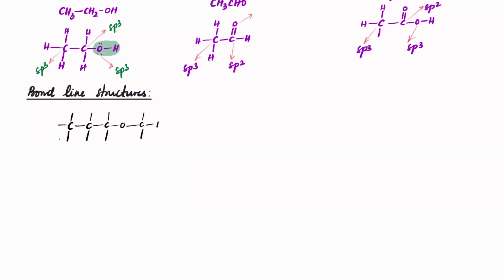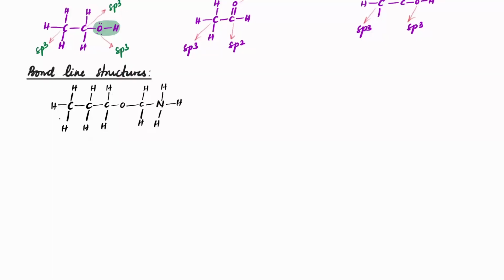Then we have nitrogen here, like this, and the rest all are hydrogens, imagine. This is how all the connections are. This is a complete structure showing all the bonds on carbon and oxygen here. Got it?